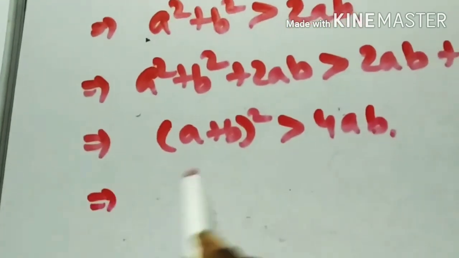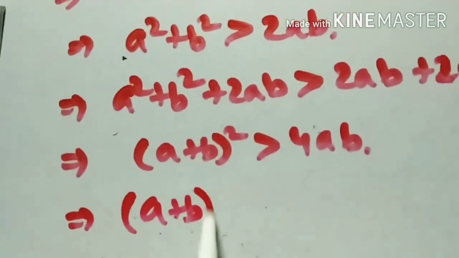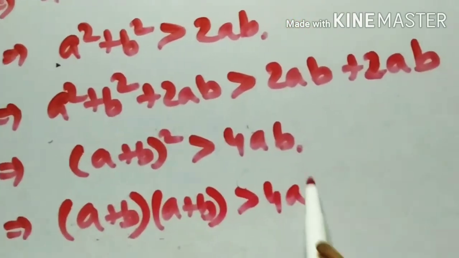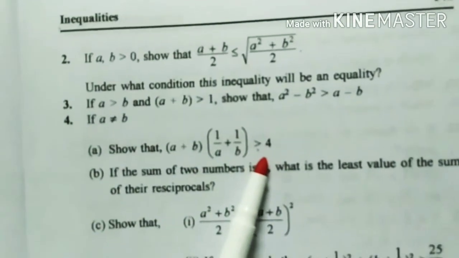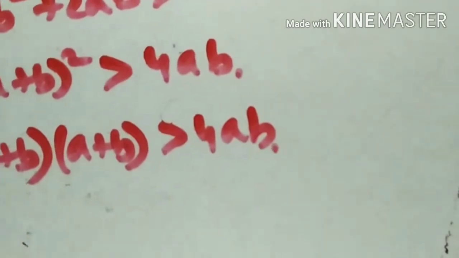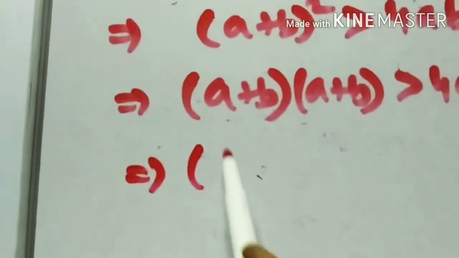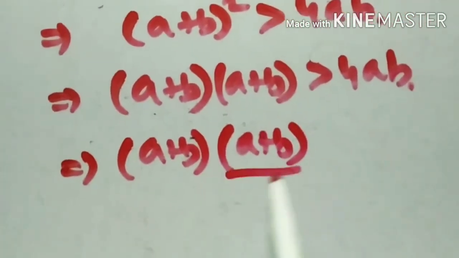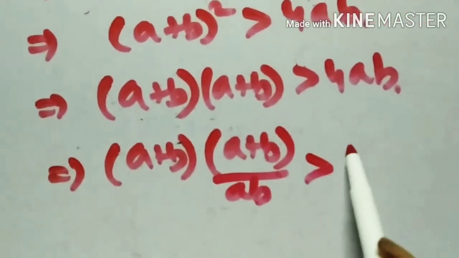Now this I can write as a plus b into a plus b greater than 4ab. Now see the question. Here we require 4. Since we require 4, we will keep the 4 on the right side and move ab towards the left side. And therefore, a plus b into a plus b by ab is greater than 4.